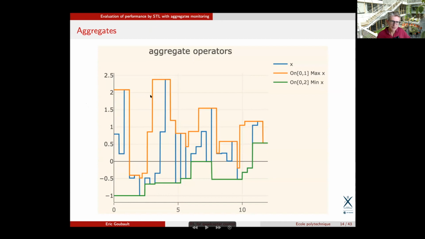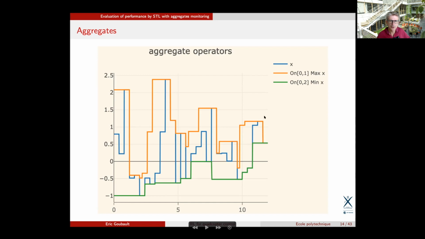Just to give you an idea of the expressivity of this STL with aggregates, you can see a signal x in blue, and on [0,1] the max of x is in orange. So you see that for 1 second in the future, you're looking at the maximum of the signal within this 1 second future window. And you see that the maximum is going to be here in orange, and then there, and that sort of thing.